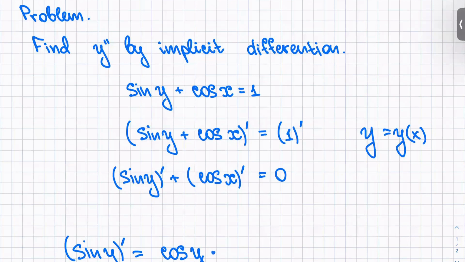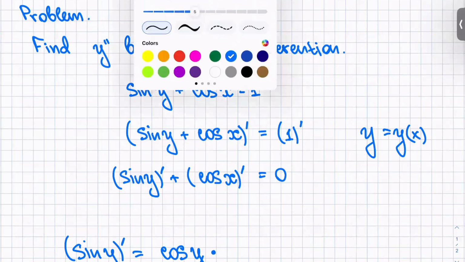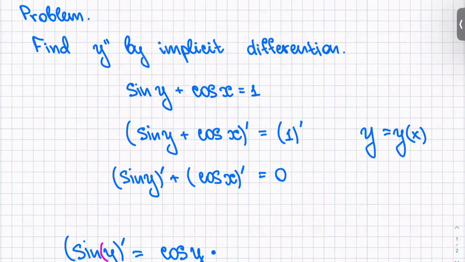And now by the chain rule, we have to multiply it by the derivative of the inside function. And what is the inside function here? Here the inside function is y. So how to find the derivative of y? We do not know what the y is. Like, we do not know the explicit representation of y. Is it e to the x? Is it cosine x?